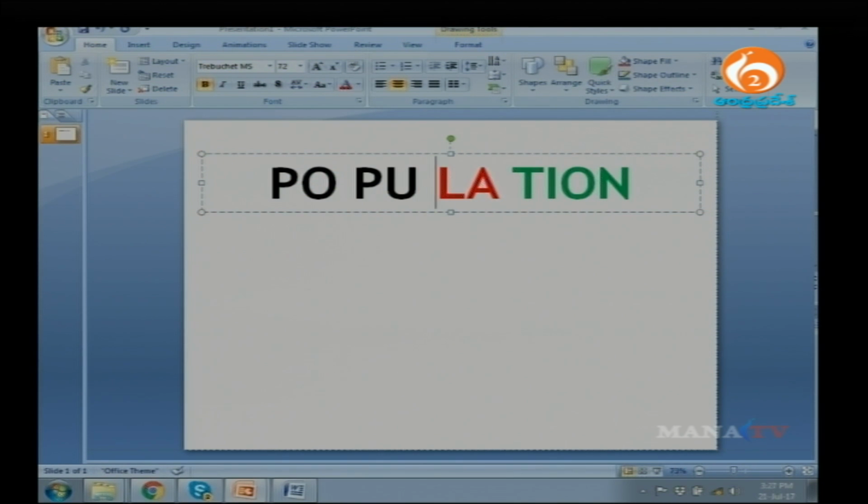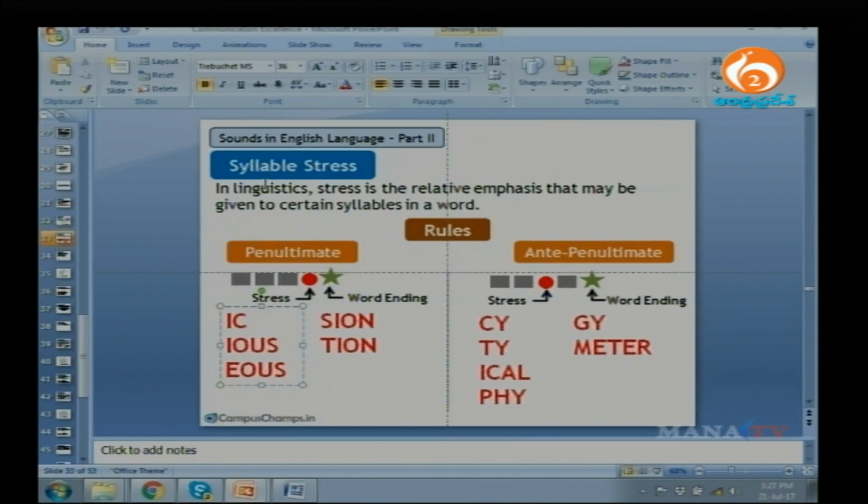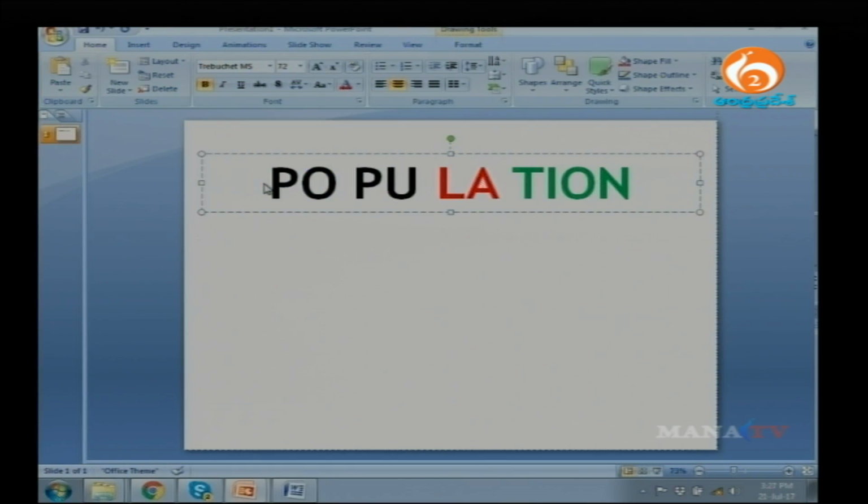It's not population. The population of India is more than 1 billion. It's not population, it's population. All right. So TION also follows the same rule, where the penultimate syllable will have the stress. So please do remember that.